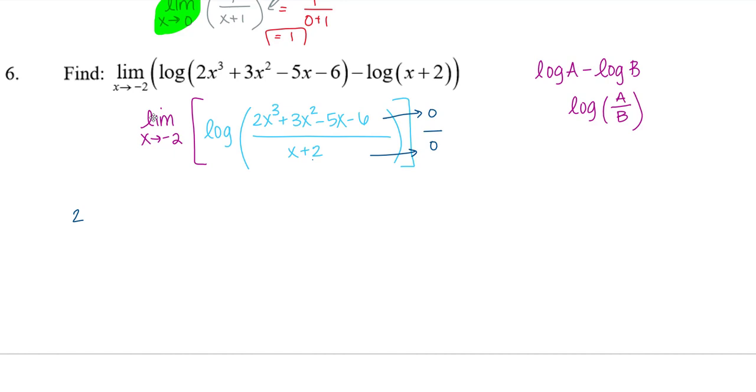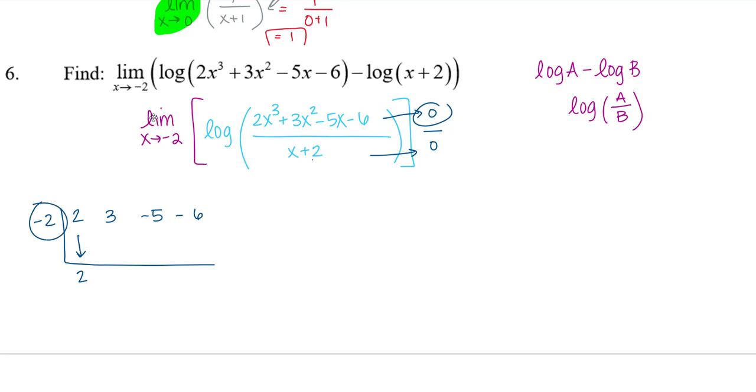So I'm going to write the coefficients in perfect descending order: 2, 3, -5, -6, and I show my synthetic division like so, and I'm going to divide it by that -2 because I know that this has a remainder of 0, right? Because I got 0 when I substituted it in, so I know it's a factor. So I'll carry down this first coefficient.